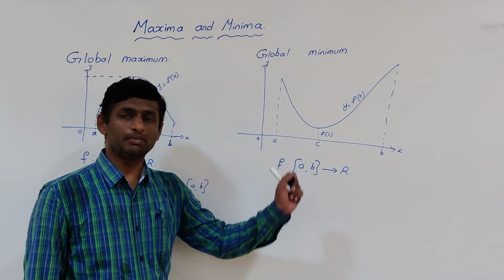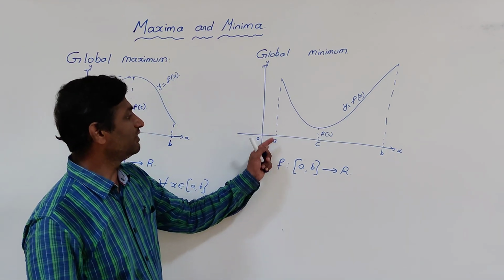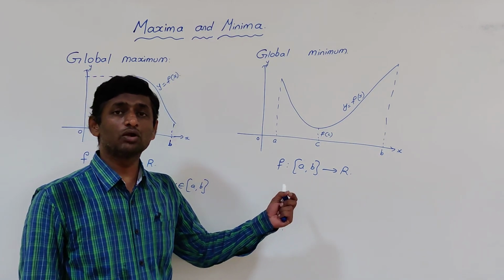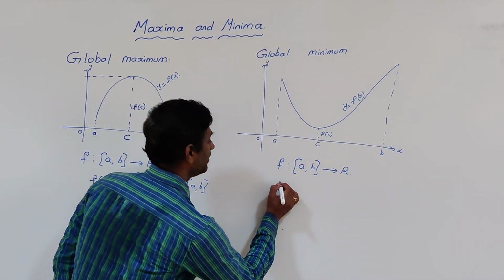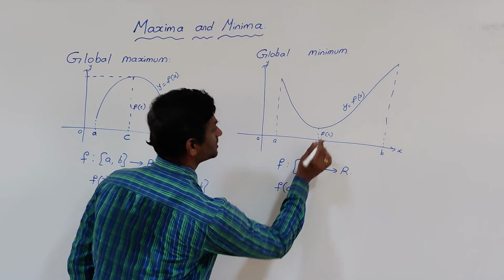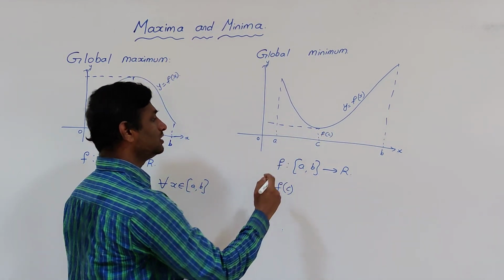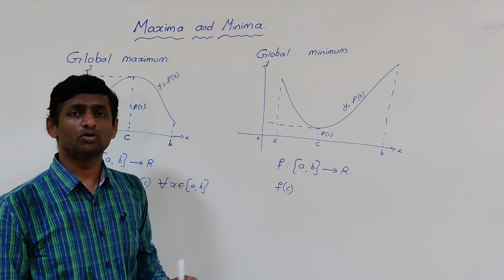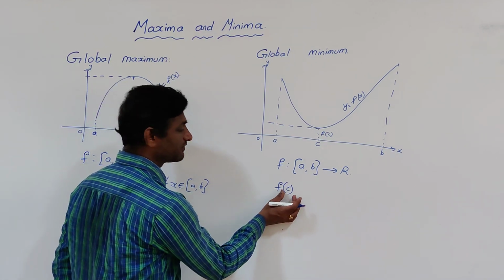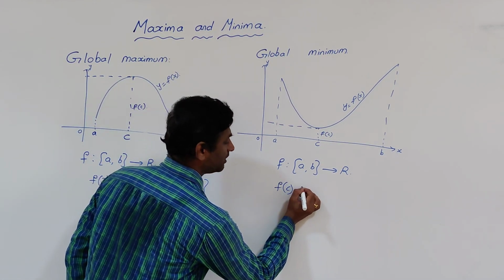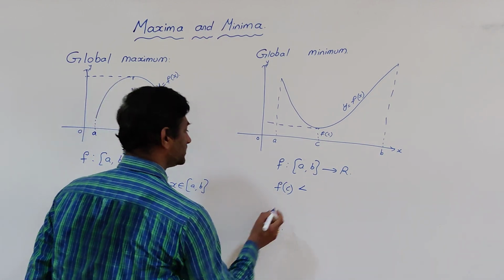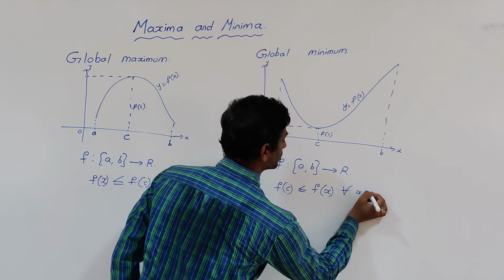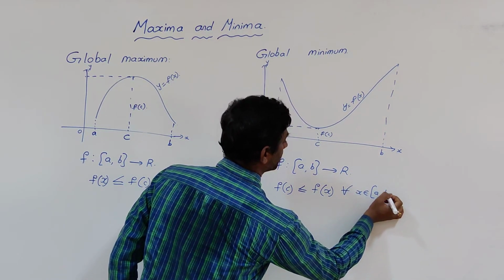Similarly, coming to the global minimum, it is also similar. If the function is defined on the closed interval [a, b] to R, then we can have a global minimum in a function if f(c) is such that all the outputs will be greater than f(c), or we can say f(c) will be less than or equal to f(x) for all x belonging to the closed interval [a, b].